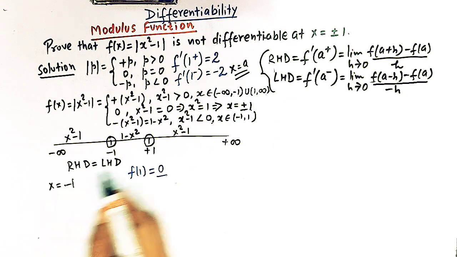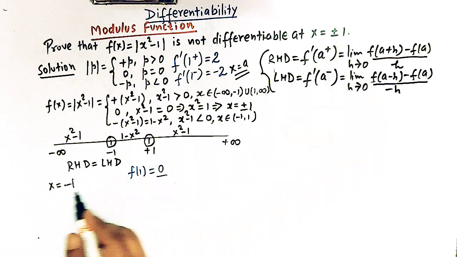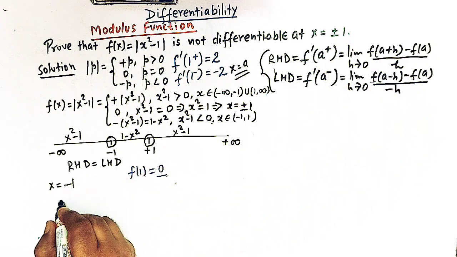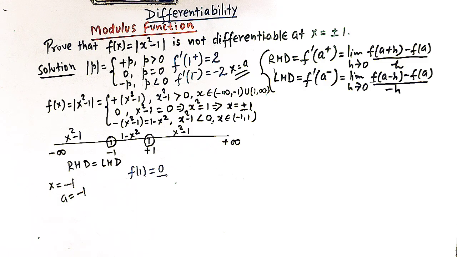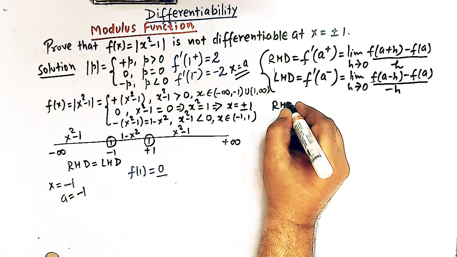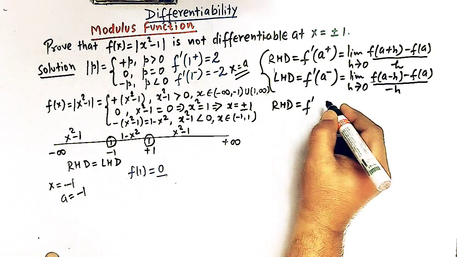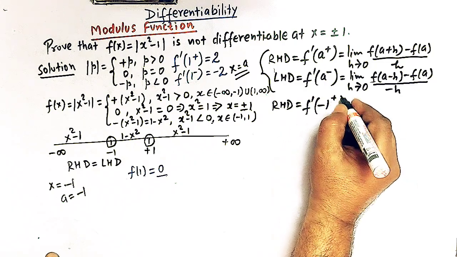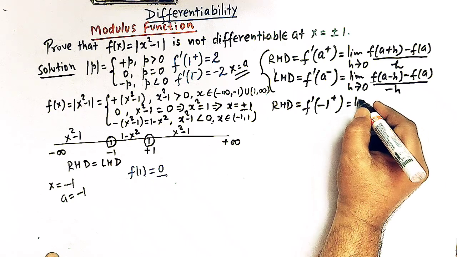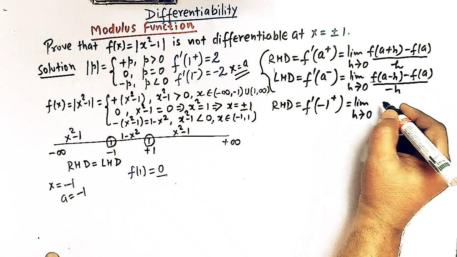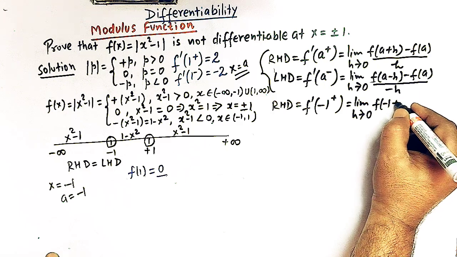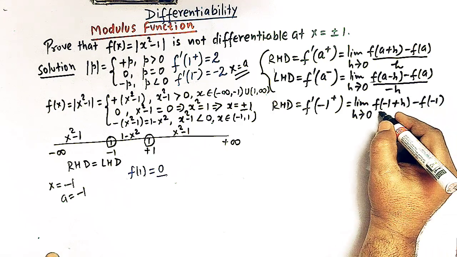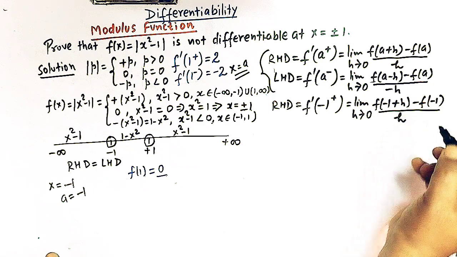So now let us consider the second point, that is x is equal to minus 1. So now the value of a is equal to minus 1. So the right hand derivative can now be written as f prime of minus 1 with a positive sign, and here we have the limit h tends to 0, f of minus 1 plus h minus f of minus 1 divided by h, right?